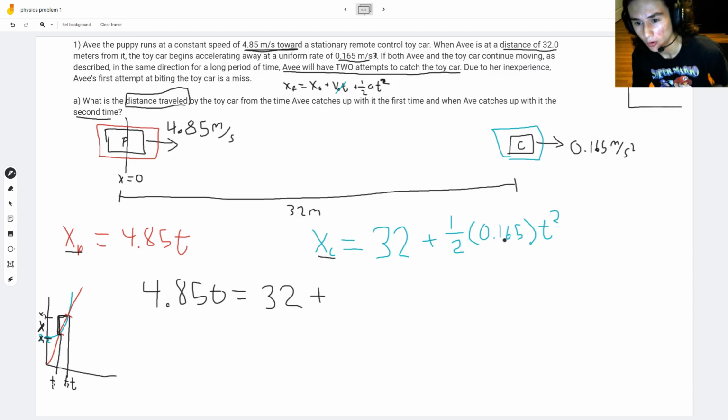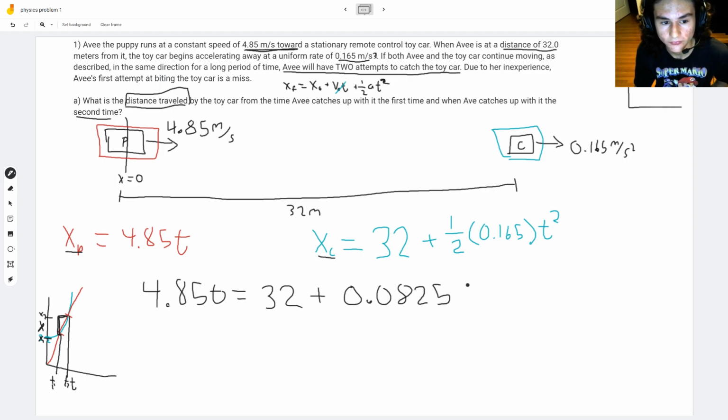So half of 0.165 is 0.0825. So plus 0.0825 t squared. And this is a t, so I'm going to add a little tail just to not make it confusing with all the pluses.